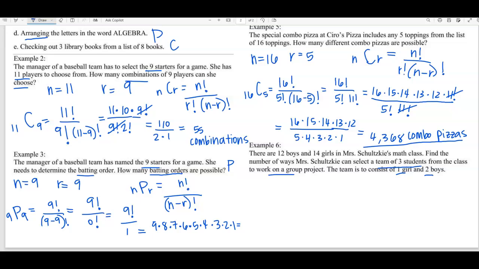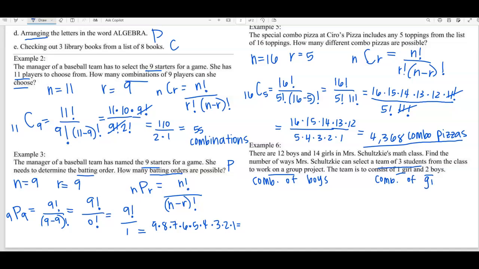Example 6 is a little different, and so I wanted to pause because you have to do 2 combinations. You have to do the combination of boys first, separately, and then the combination of girls.